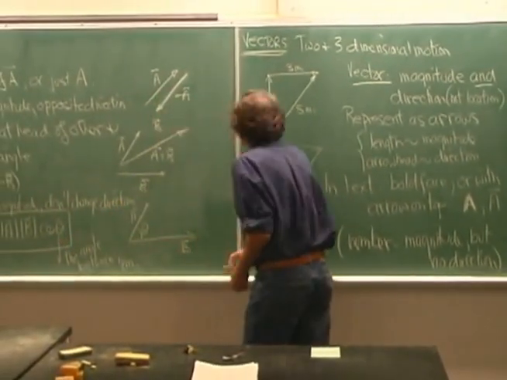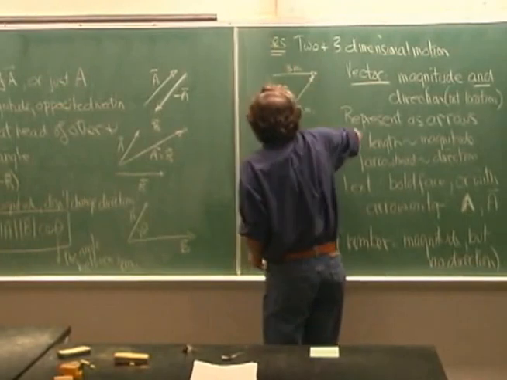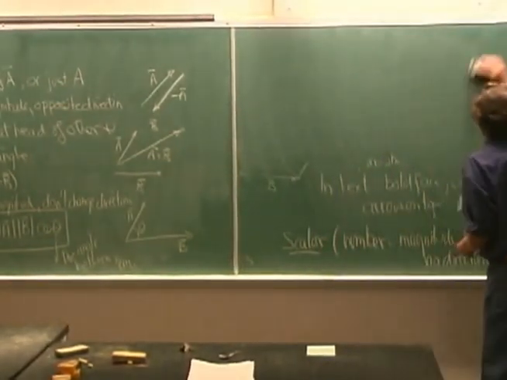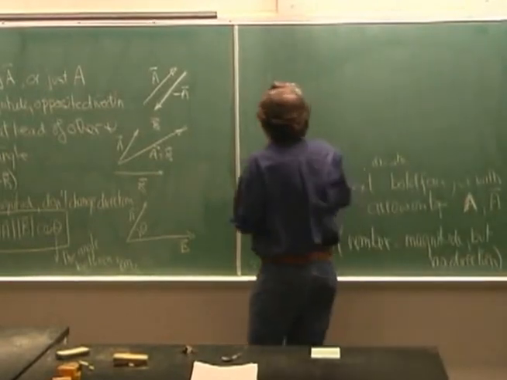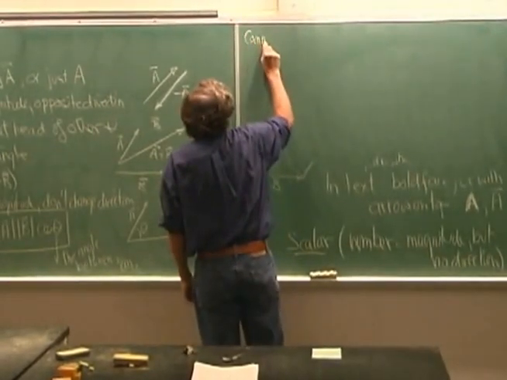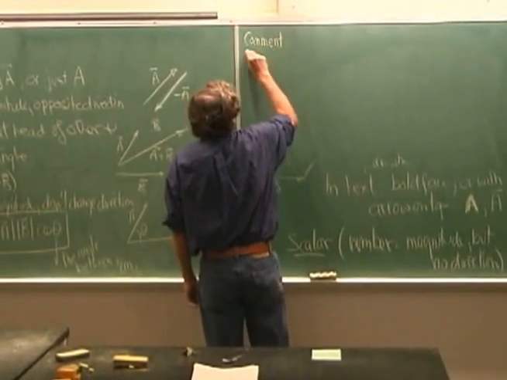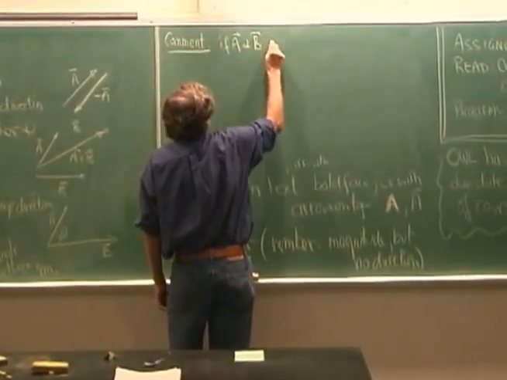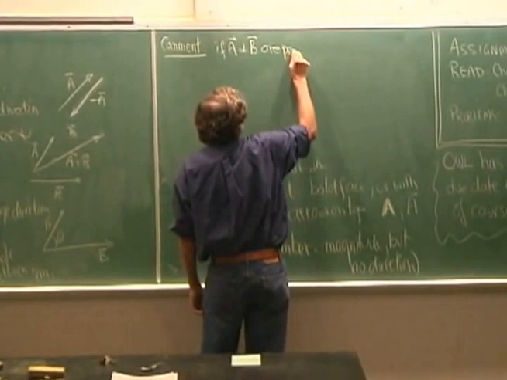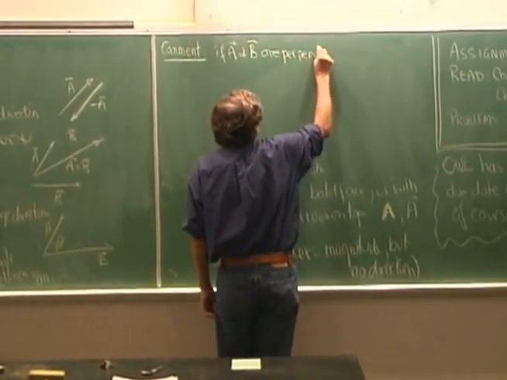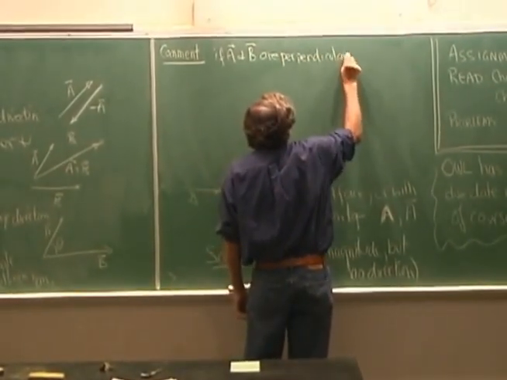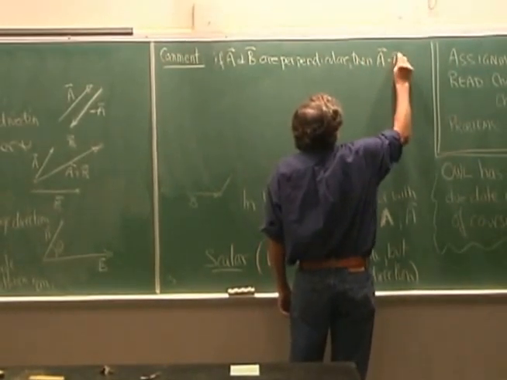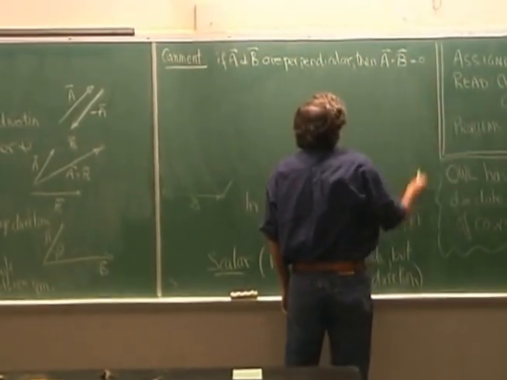So that should put it right down here. A dot B equals 0.